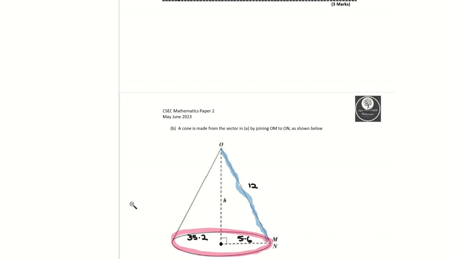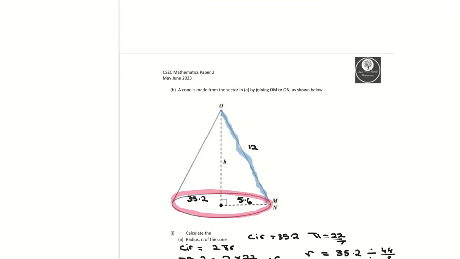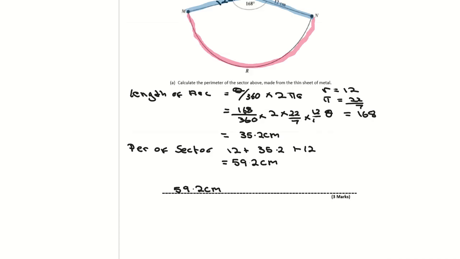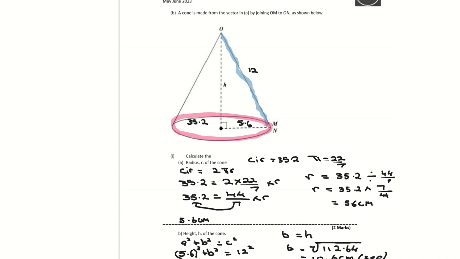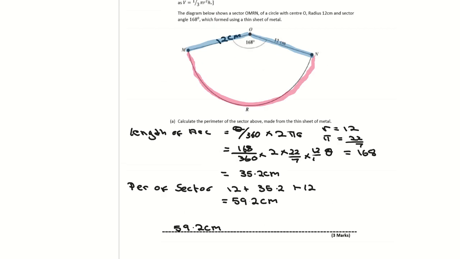So from this, if we look above, OM and ON is 12, so this is 12. The length of your arc was 35.2. Your radius is going to be 5.6.